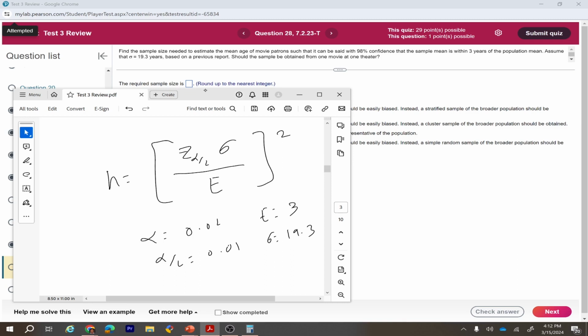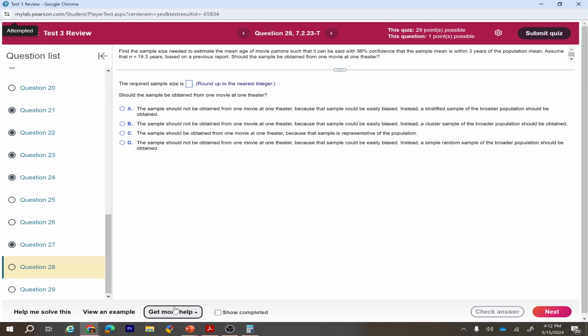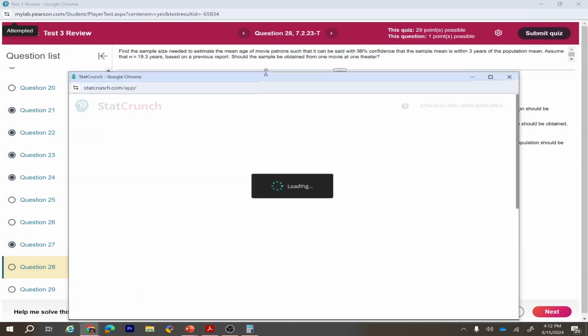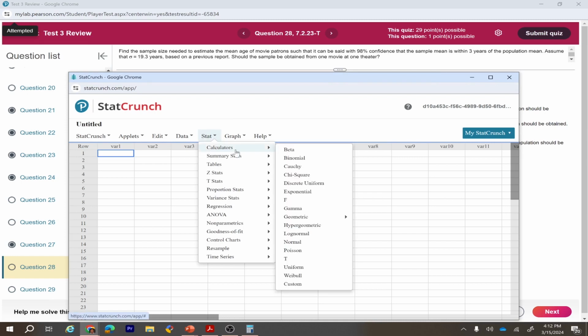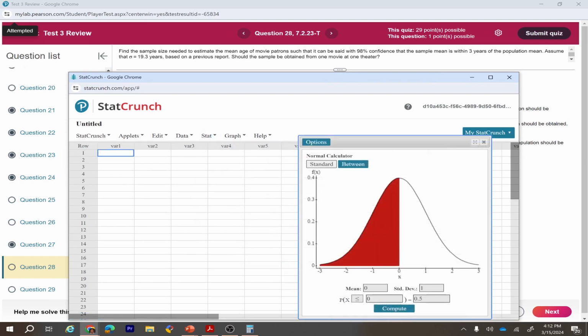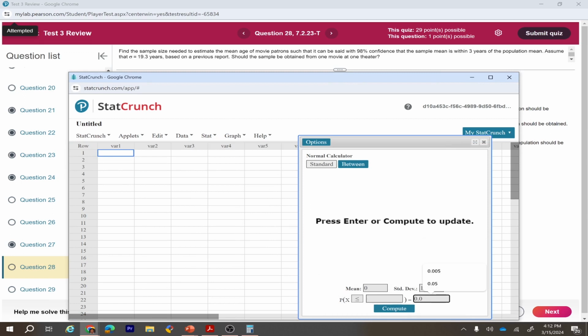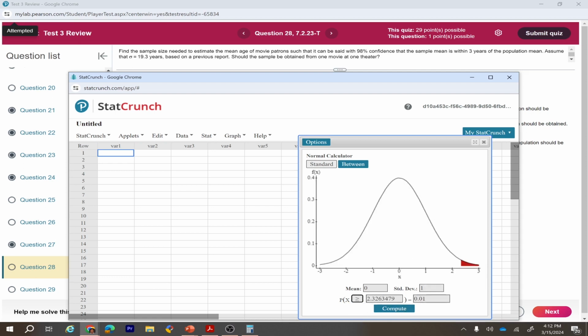So you just need to find the z-score for that alpha. How do you do that? You just use the normal calculator and find the value with an area of 0.01 greater than, and this is the z-score, 2.326.